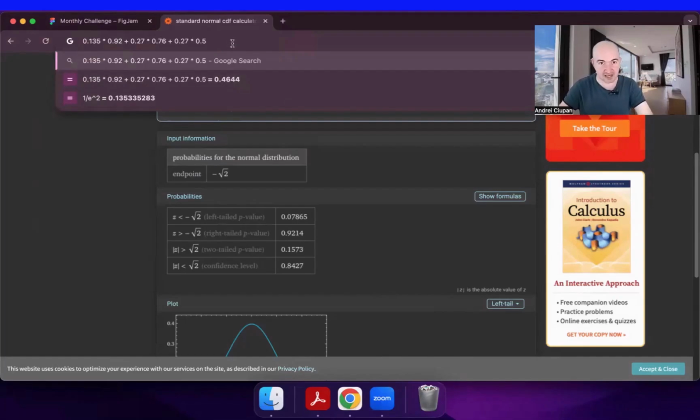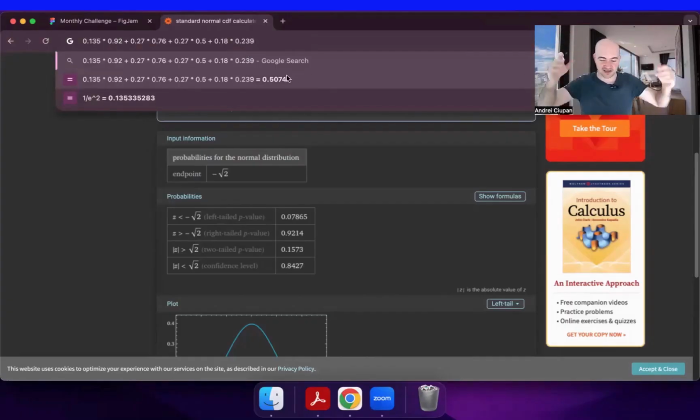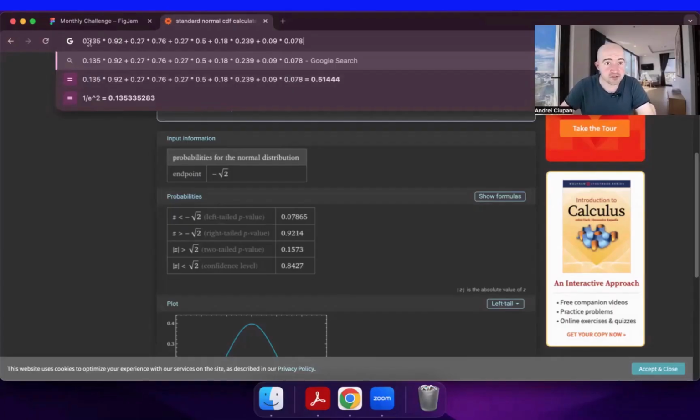So 0.27 times 0.5. Then we have 0.18 times 0.239. Look at this. We've already crossed the 1/2. Let's add the fifth term, 0.09 times 0.078. Wonderful. Did we make any mistakes? 135, 27, 27. This looks fine. 92, 76, 05, 23. Yeah, this is good.